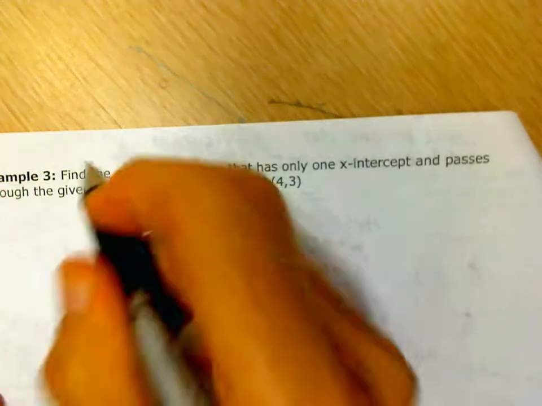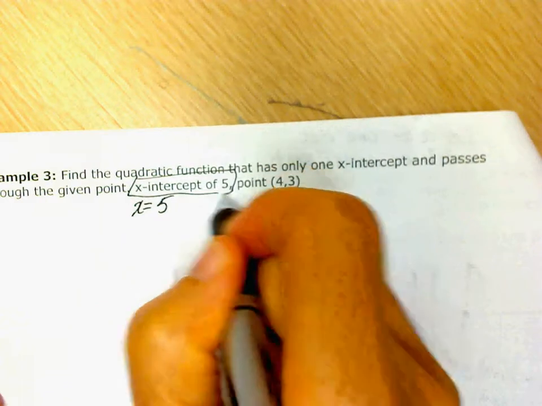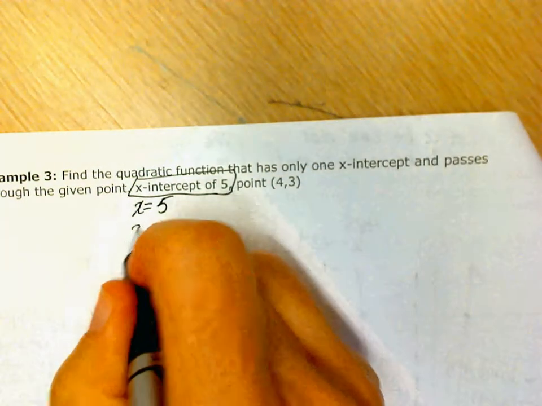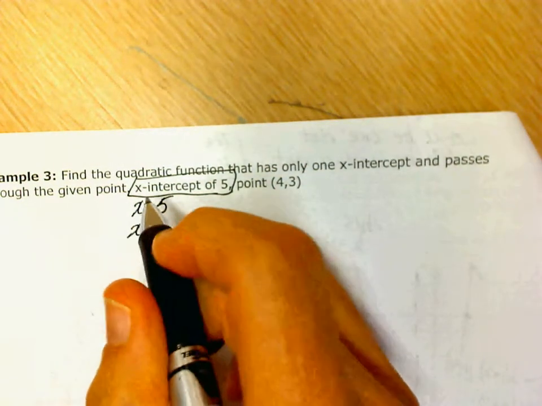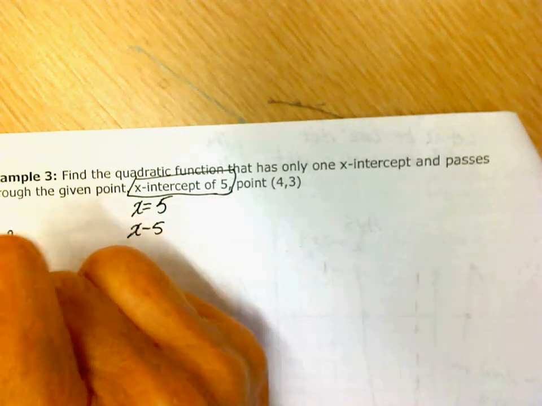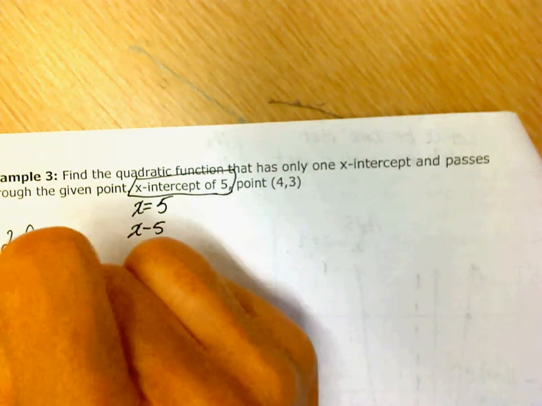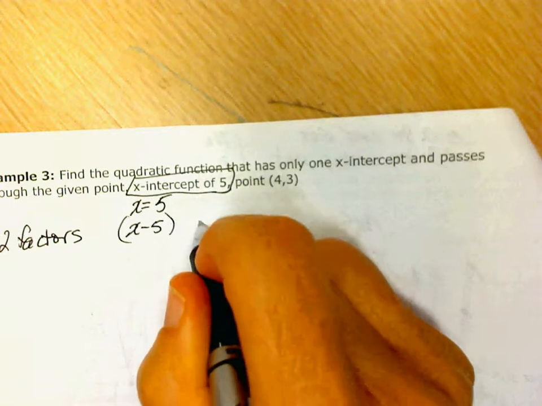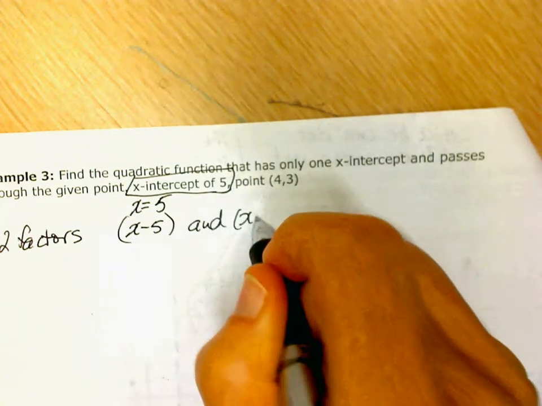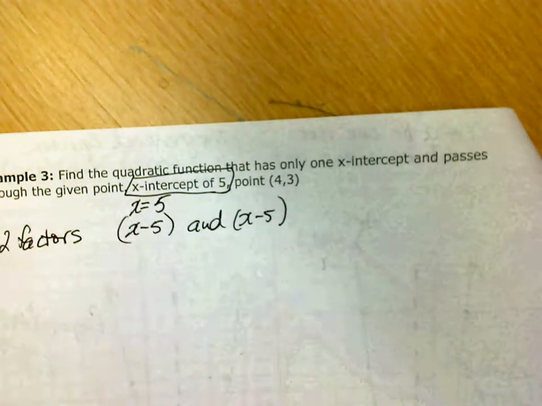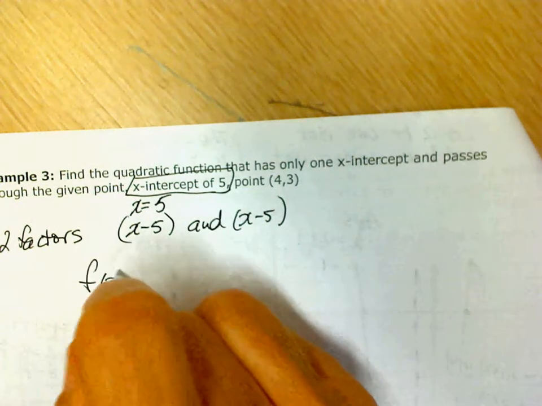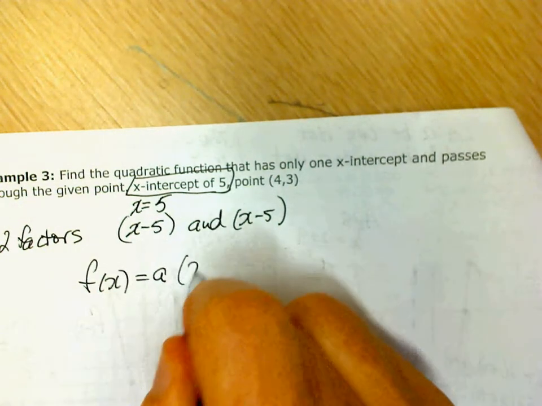They give you this x-intercept, x equals 5. If it's two equal roots, there's two factors, but they're the same, x minus 5 and x minus 5. So f at x equals a times x minus 5 squared.